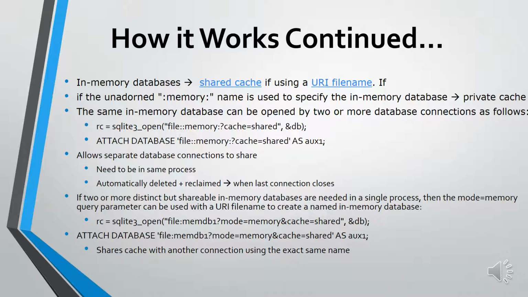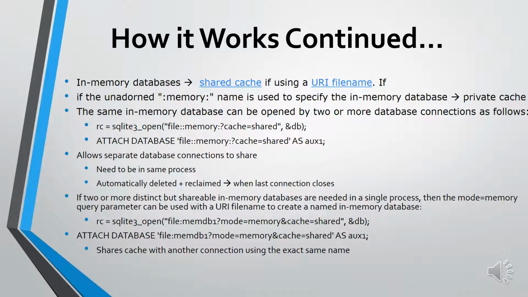Of course, all database connections sharing the in-memory database need to be in the same process. The database is automatically deleted and memory is reclaimed when the last connection to the database closes.